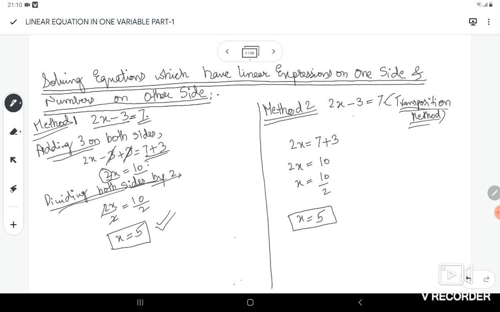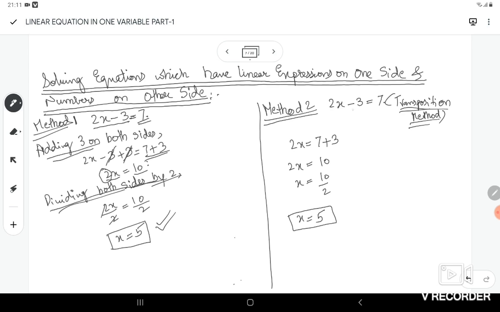That is, if it is present on the left hand side in the negative form, then on transposing it to the right hand side it becomes positive. Like if it is minus 3, then it becomes plus 3, or if it's plus 3, then it becomes minus 3, or if it's multiplied by 3, then multiplied becomes divide, and divided by 3 becomes multiplied by 3 on both the sides.